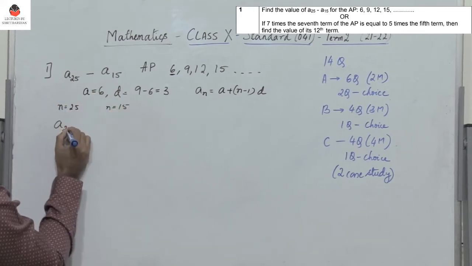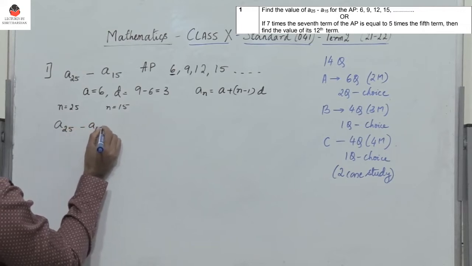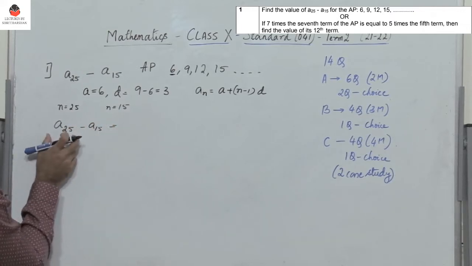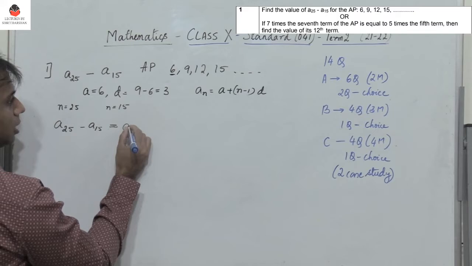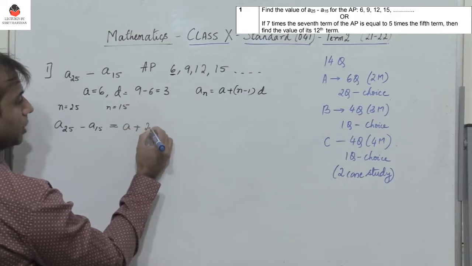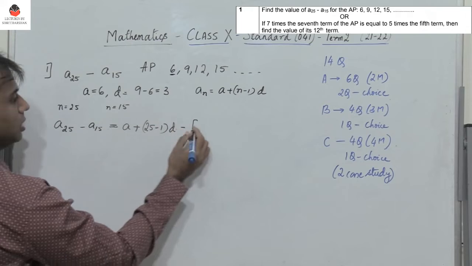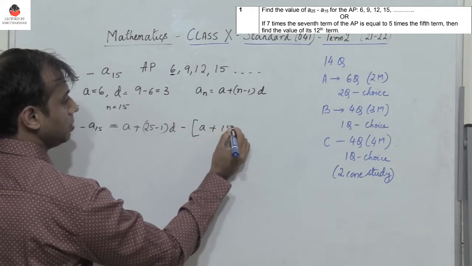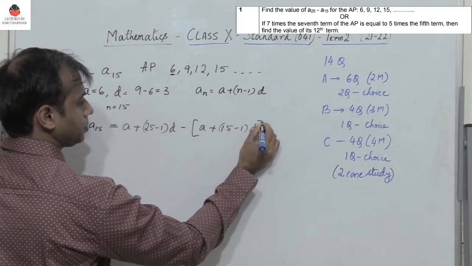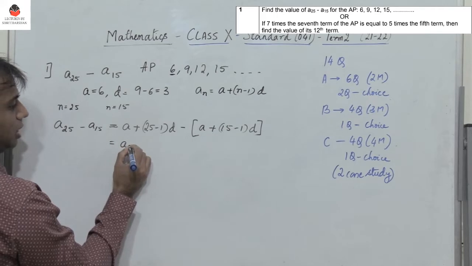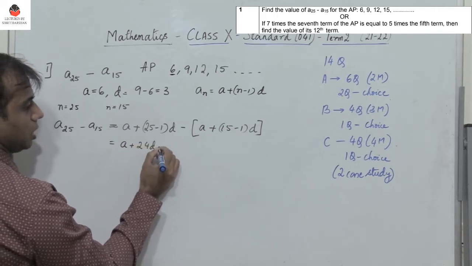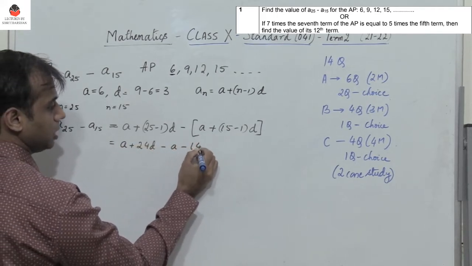So I have A25 minus A15 equals. I'll write for A25, it is A plus (25 minus 1) into D, minus A15, which is A plus (15 minus 1) into D. So you have A plus 24D minus A minus 14D.